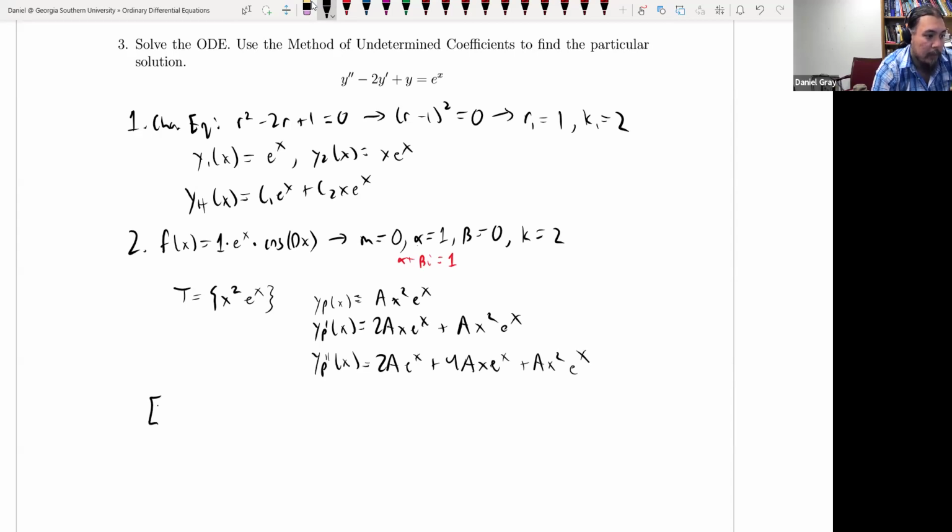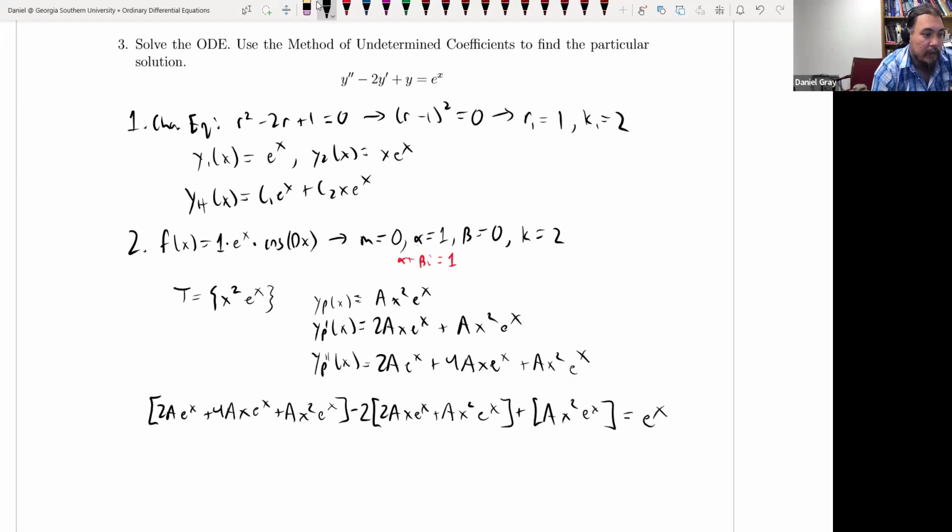Our yp double prime is going to be 2a e to the x plus 4ax e to the x plus ax squared e to the x, and then minus 2 times yp prime, which is 2ax e to the x plus ax squared e to the x. And then plus y, so we're going to get plus ax squared e to the x. And that's all supposed to come out to just be equal to e to the x.